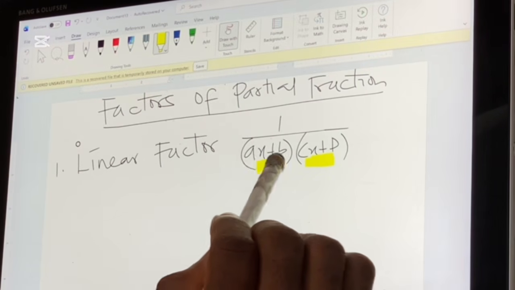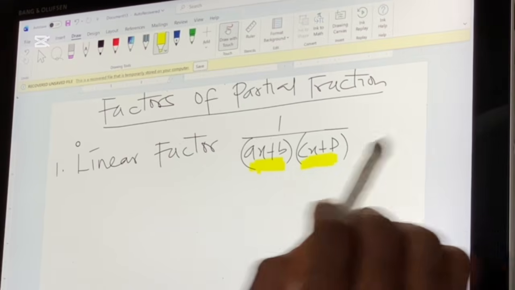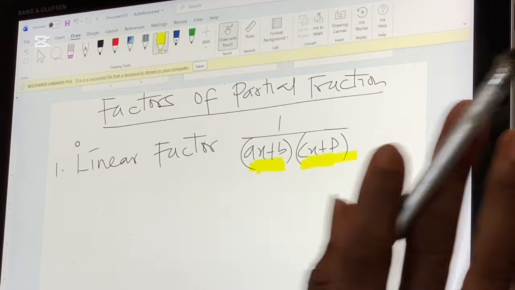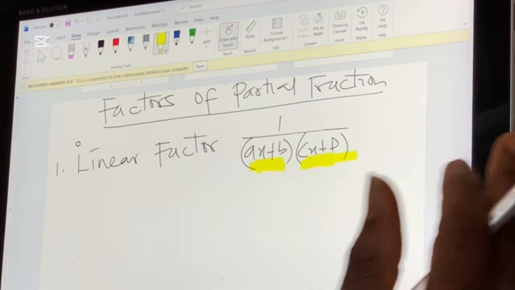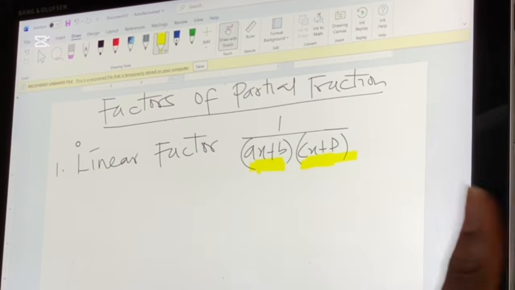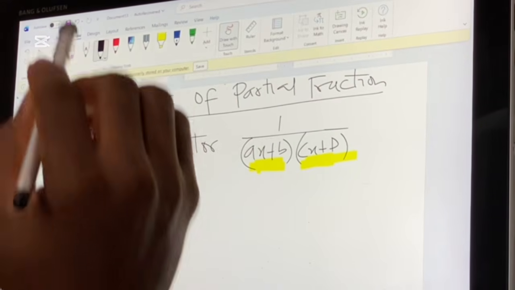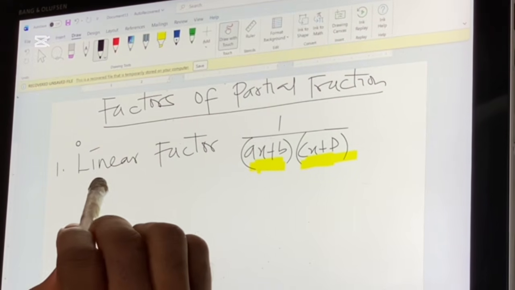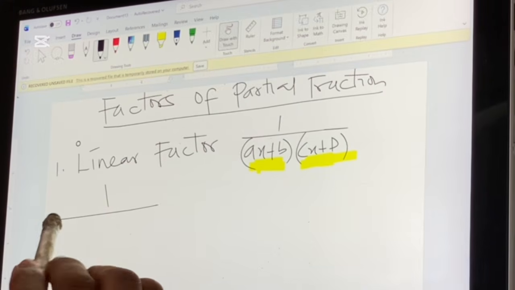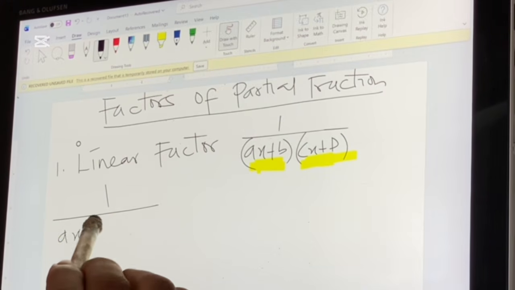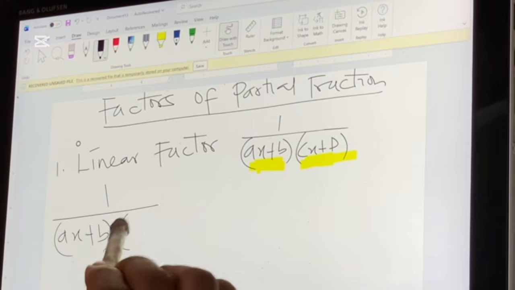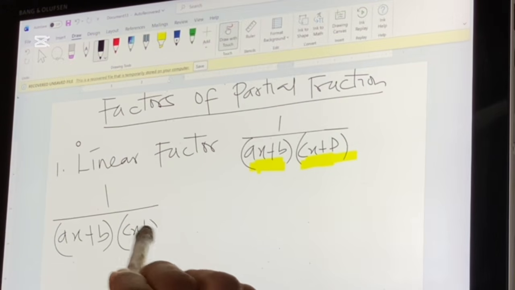This expression here is linear, so we call it linear factor. Now, for all linear factors, we have the solution we use. So if I have this linear factor, as plus b into cs plus d.